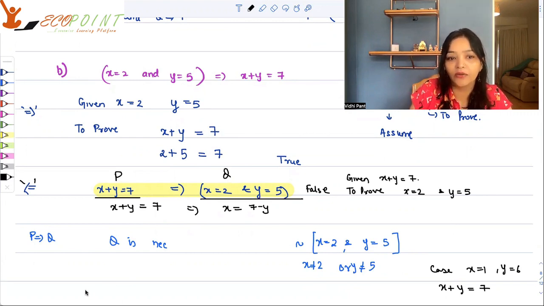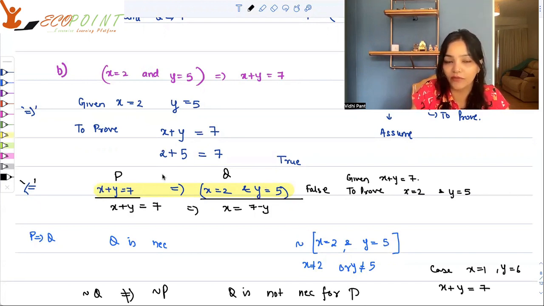Okay. So if Q is not happening, that is not implying that P will not happen. P is still happening. So that means Q is not necessary for P here.